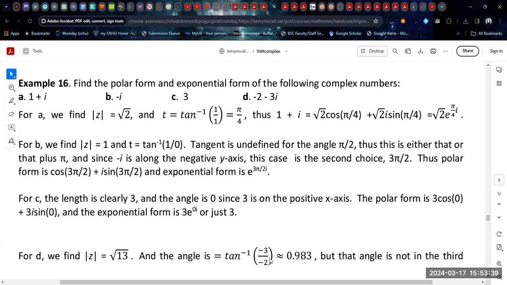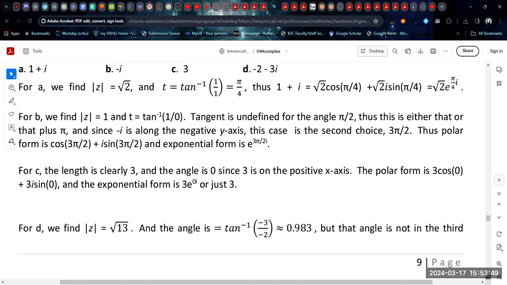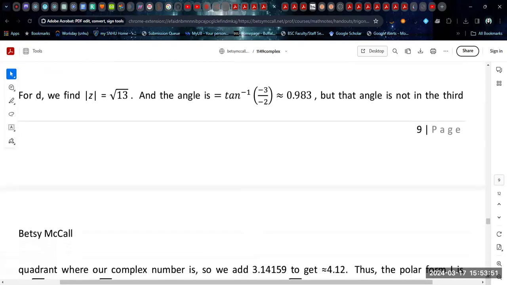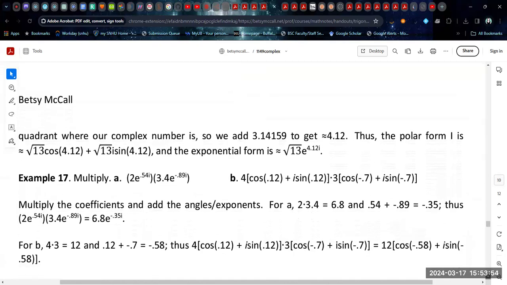Our inverse tangent is inverse tangent of -3 over -2. This is in the third quadrant though, so we're going to add pi to that radian value, and then we can express it either in polar form or in exponential form. And again, we're rounding just for simplicity.